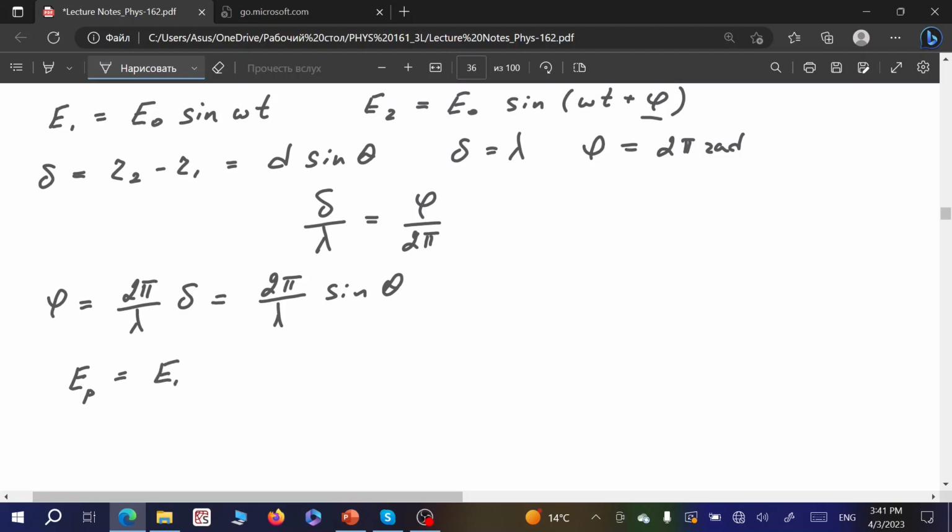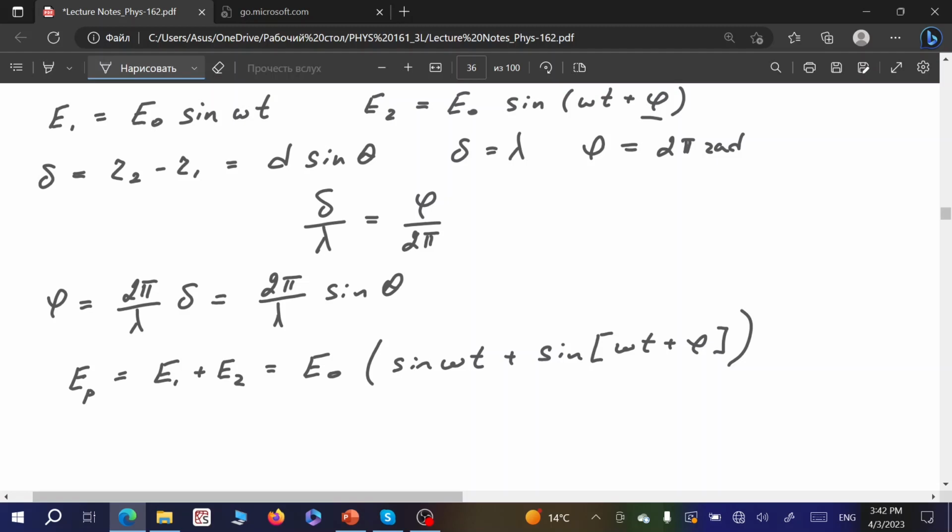That will be E1 plus E2, and that is E naught times sinus omega t plus sinus omega t plus phi, and close the parentheses.